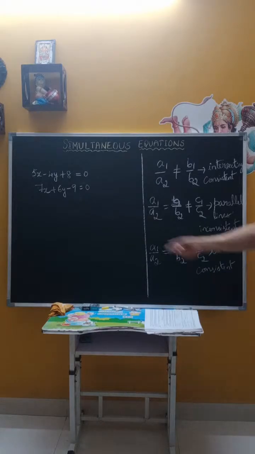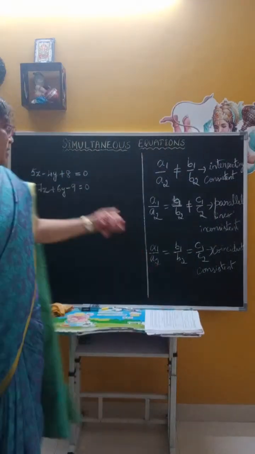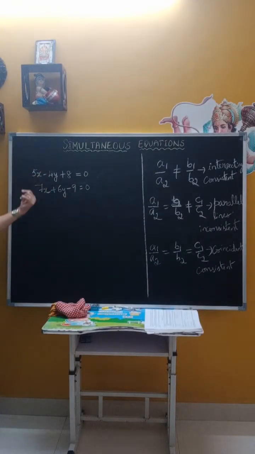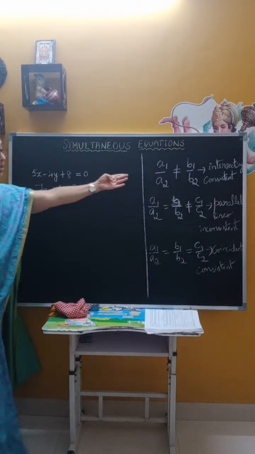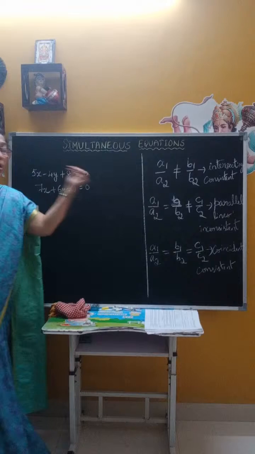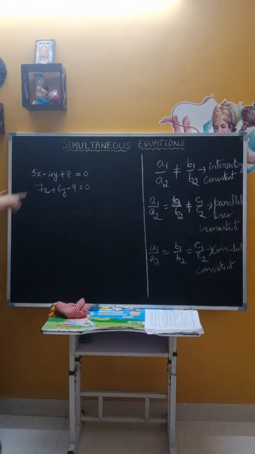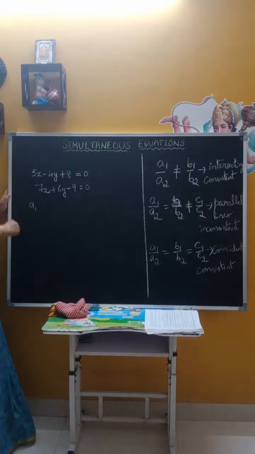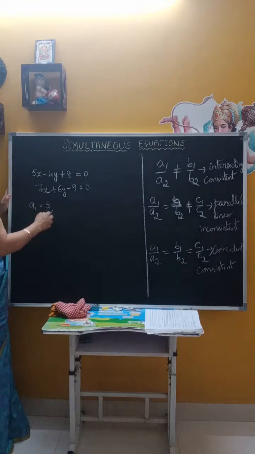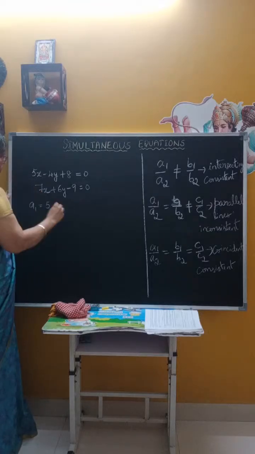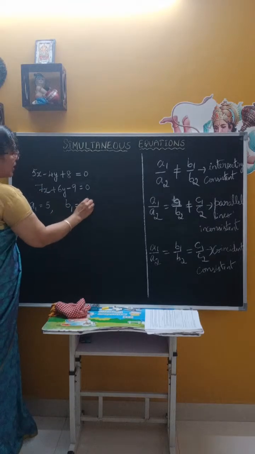So now let us solve these two simultaneous equations, and let us find whether they are intersecting lines or parallel lines or coincident. Let us take the coefficients here. What is a1? The first coefficient of x for the first line. a1 is equal to 5, b1 is equal to minus 4.